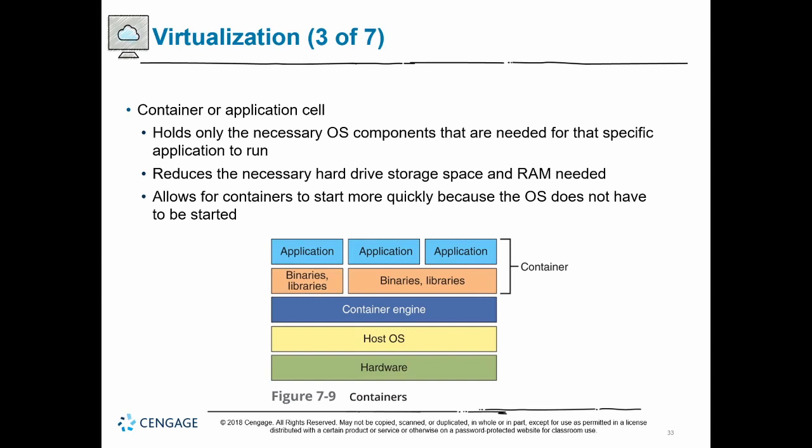The only problem is if that one kernel gets compromised, all your applications get hurt. It holds only the necessary operating system components that are needed for the specific application to run. It reduces the necessary hard drive storage space and RAM, so everything's being shared essentially, and allows containers to start more quickly because the operating system does not have to be started.